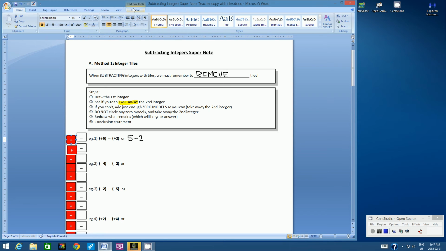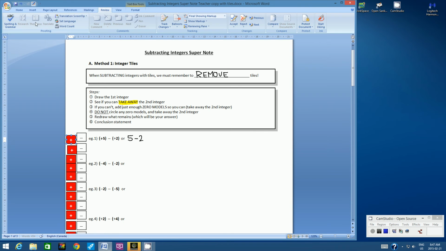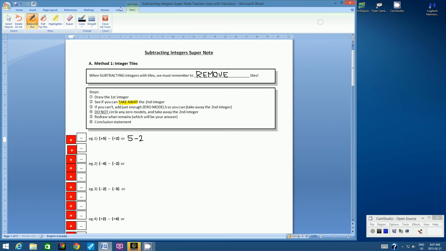Let me switch to my pen. Step number 1, draw the first integer. So here we go, 5 positive tiles. Please draw 5 positive tiles. Rule number 2, see if you can take away the second integer.